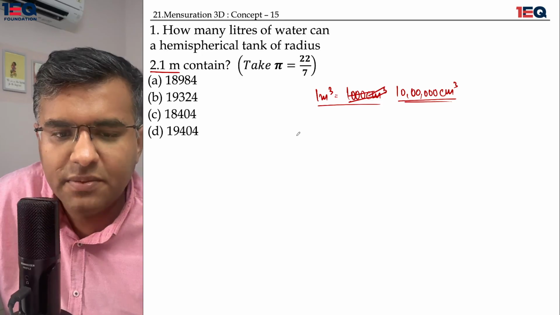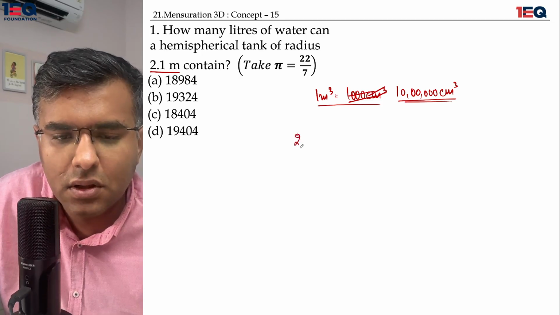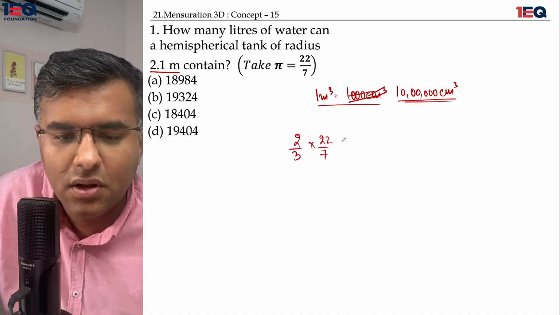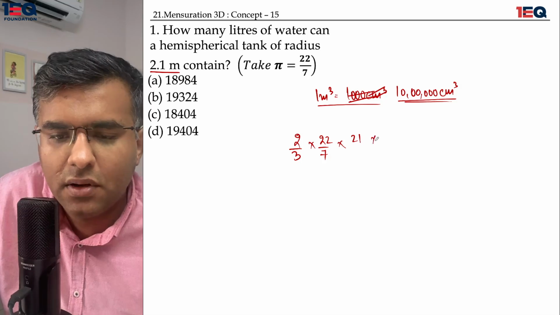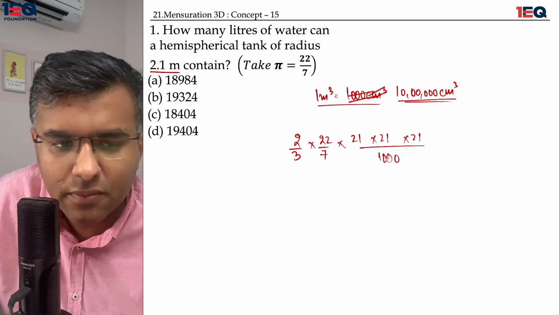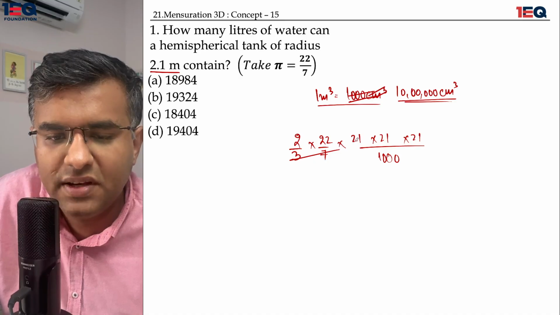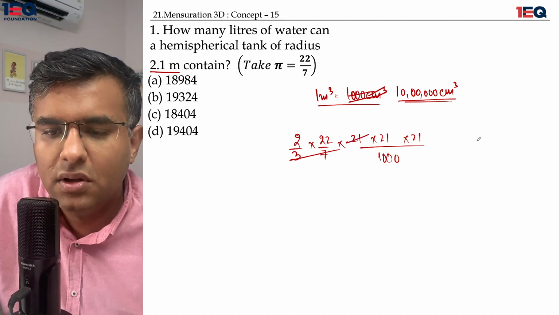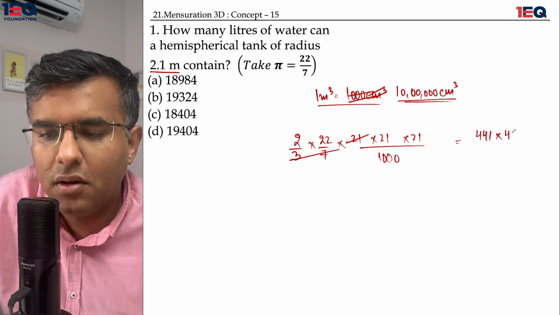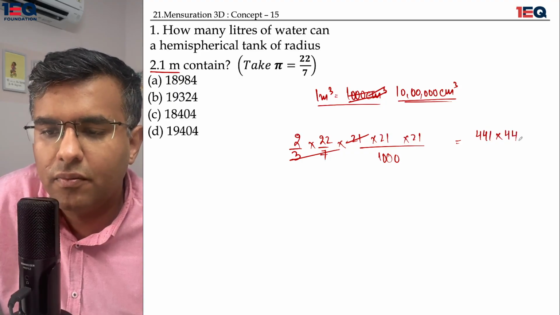We're talking about a hemisphere. Hemisphere is 2 by 3 into pi, that is 22 over 7, into r cube, which is 21 into 21 into 21. There is going to be the concept of 1000 being there. 3 sevens are 21, 21 gone. This is 441 multiplied by 44.